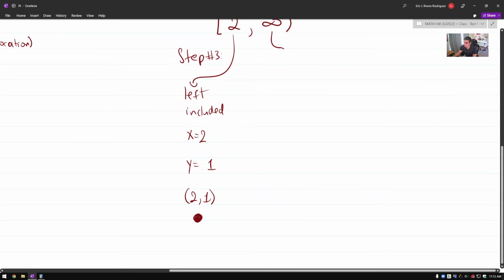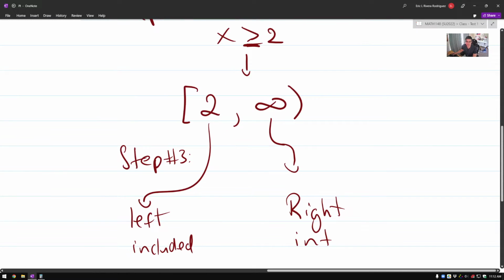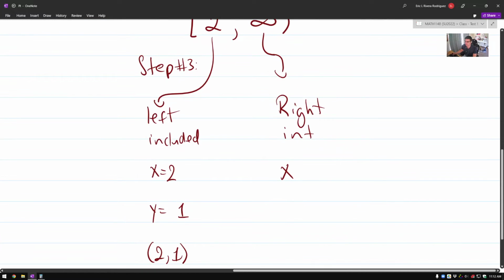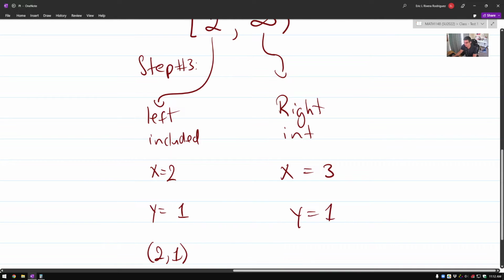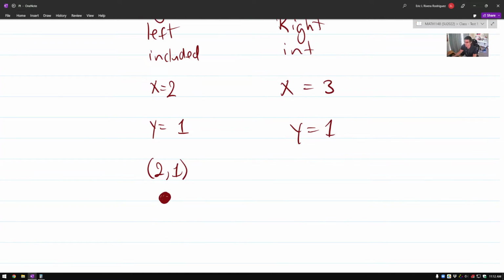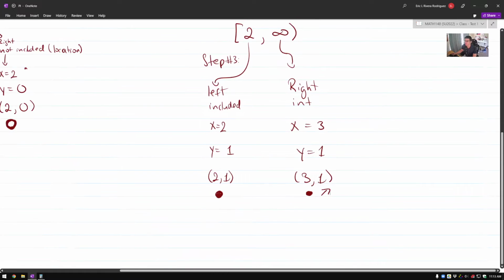The right boundary is infinite. So I'm going to select a point that is in this interval. Anything that's greater than 2, I'm going to select 3. Y is going to be 1 because that's the equation of y. So that gives me the point 3, 1. It's going to be a solid dot, and I'm going to use an arrow.